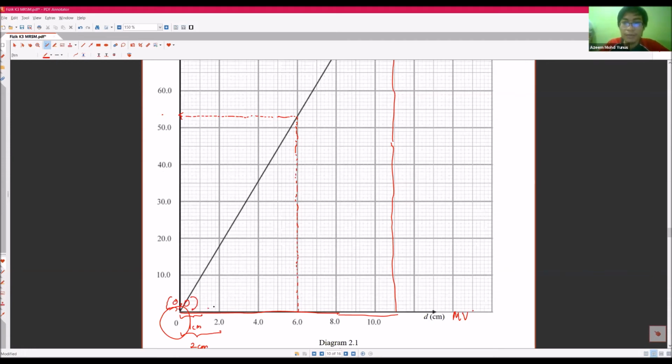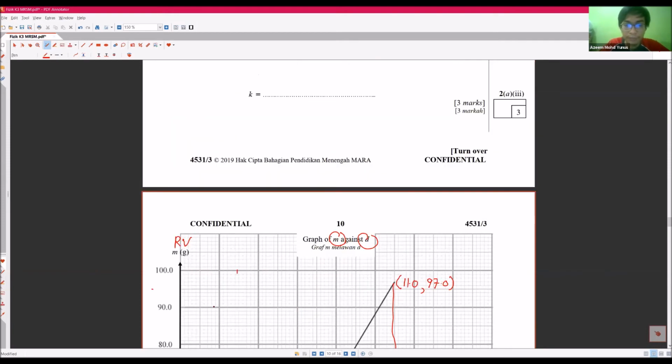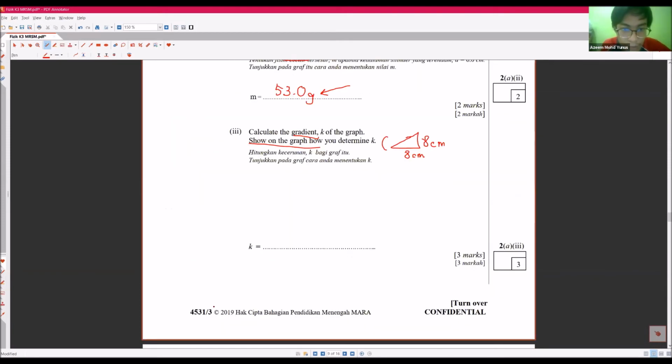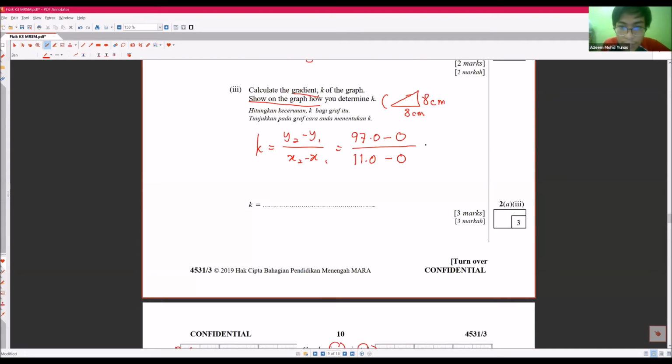Now we can plug in those values in our gradient formula, equal to y2 minus y1 over x2 minus x1. y2 is 97.0 minus y1, which is 0, over x2, which is 11, minus 0. Then we need to include the unit as well.